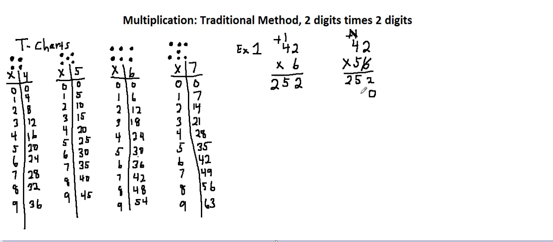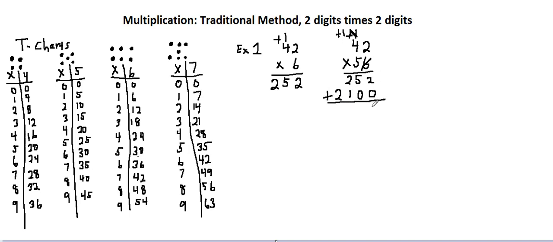So 5 times 2 is 10. Okay, and I did have to carry again. 5 times 4, it's really 5 times 40 or 50 times 40. But we can break it down since we already have our places held there. 5 times 4, 20, plus 1, 21. Okay.